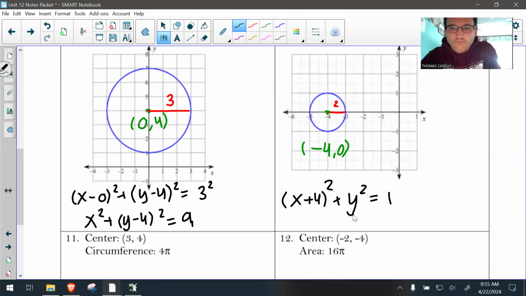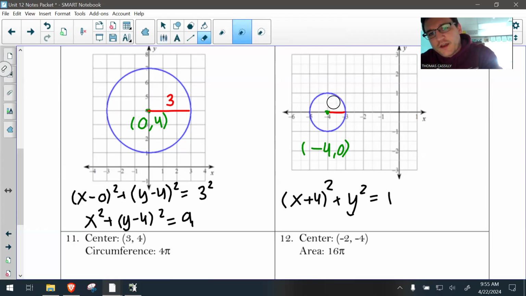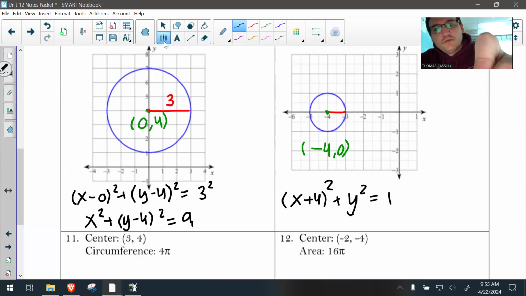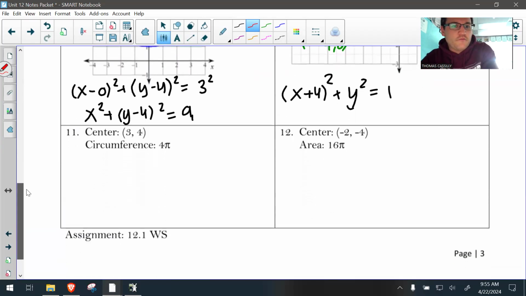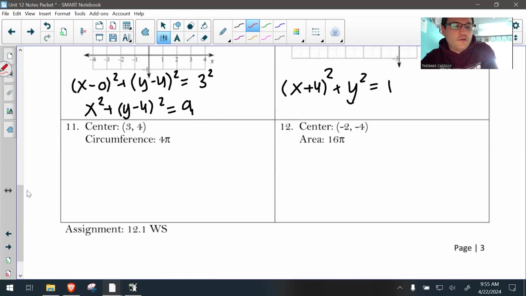All right. And there we have it. I told you guys it was 1 and I wrote down a 2. Sorry about that. All right. So the radius is 1, so that means 1 squared is 1. So x plus 4 squared plus y squared equals 1. Right? Because you can put a plus 0 here, y plus 0 squared, but it doesn't really change anything.